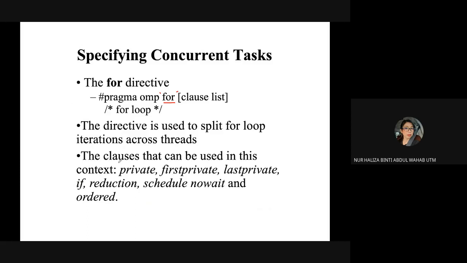So this is the clause list that can be used for the for directive: private, firstprivate, lastprivate, if, reduction, schedule, nowait, and lastly ordered. So now you can see there are several clauses that you can use.